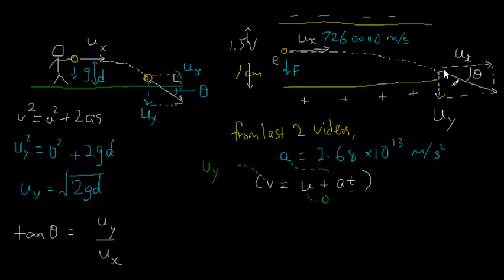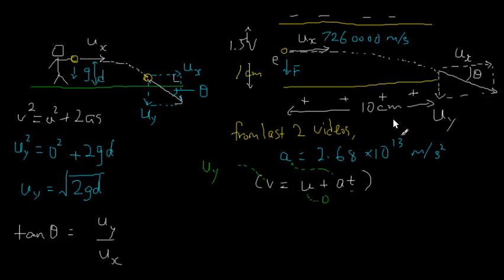How do I find t? T from between here and here, we would be able to find t by using the fact that the horizontal velocity, horizontal component, does not change. And we can find it if we know the length of this plate. Right, so that's one more information that I need to know. So let me say that the length of this plate is 10 centimeters. 10 centimeters from there to there.